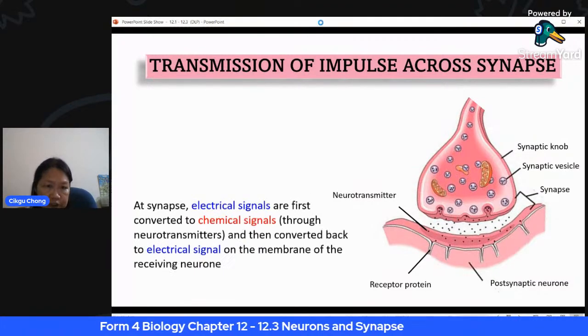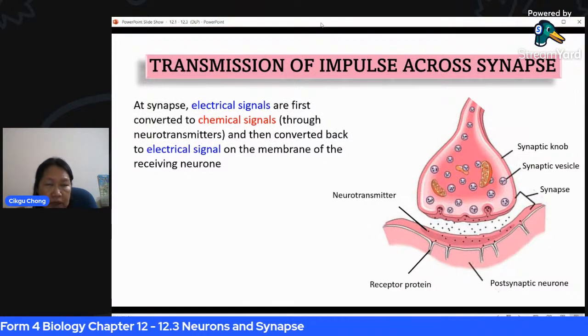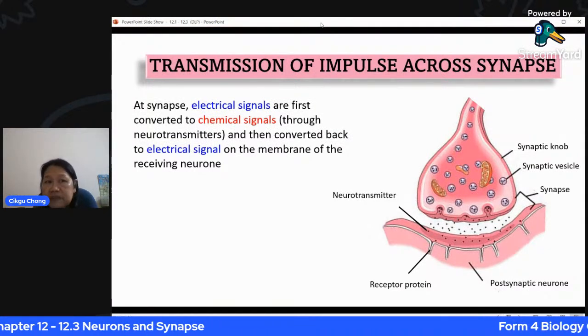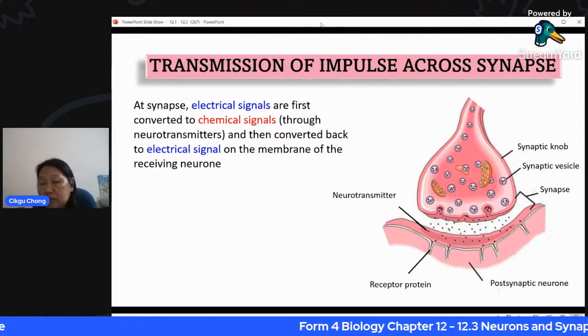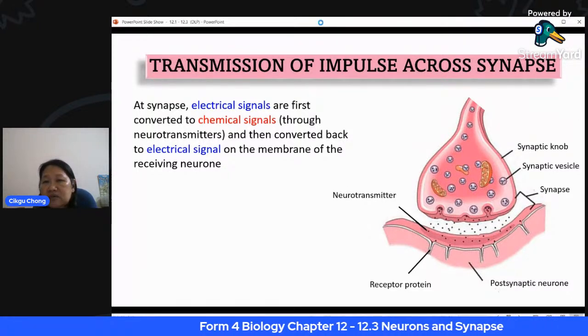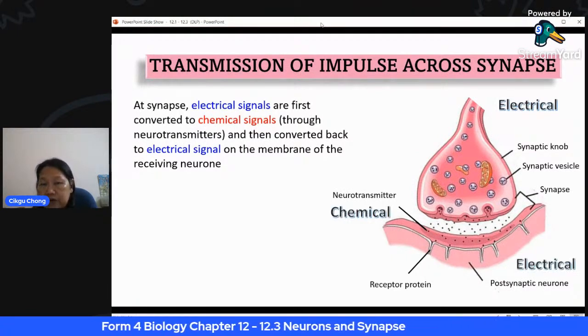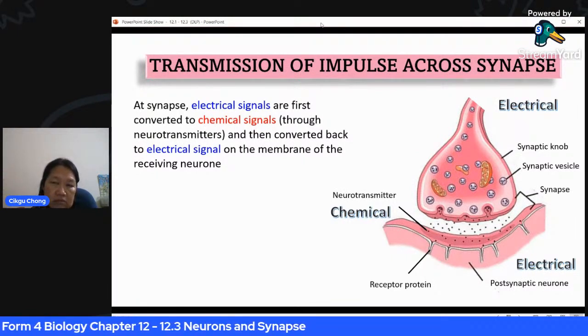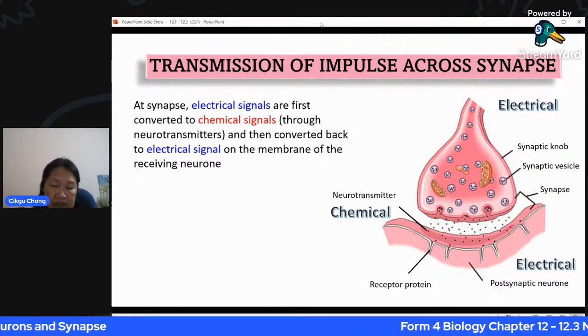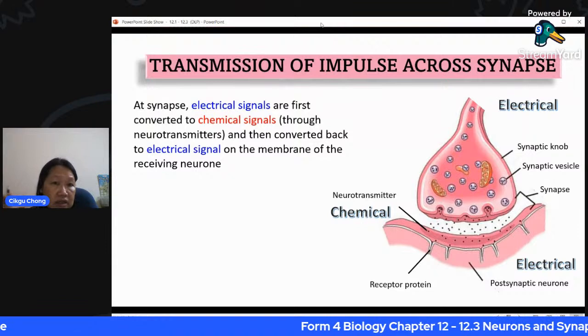So that's the popular question. Again, at synapse, electrical signals are first converted into chemical signals. I'm just summarizing here. Electrical signals come over from the cell body through the axon to the synaptic knot. It is electrical.